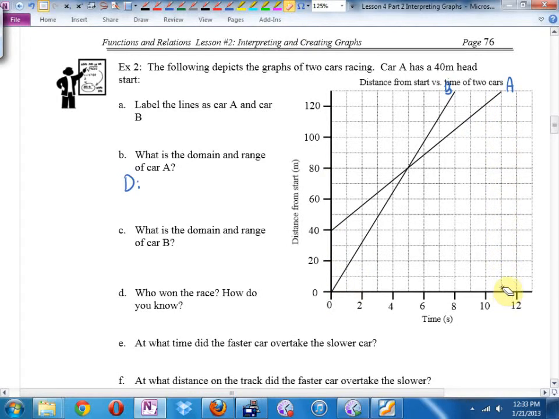So smallest is 0. Biggest is 11. My x variable is time. Times are bigger than 0 and smaller than 11. But it touches 0 and it touches 11.